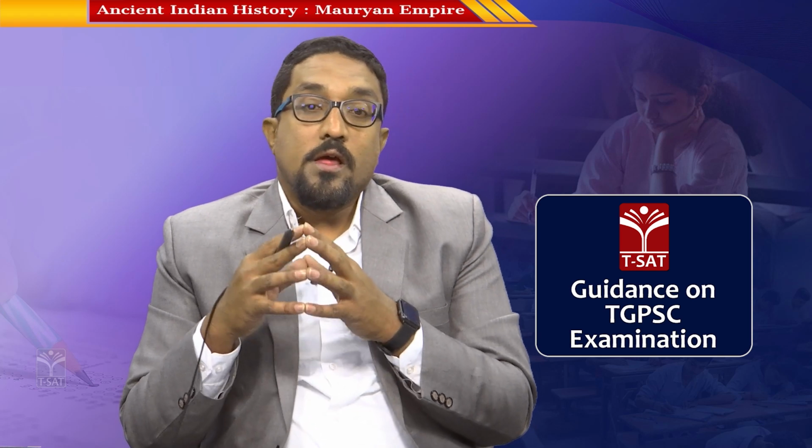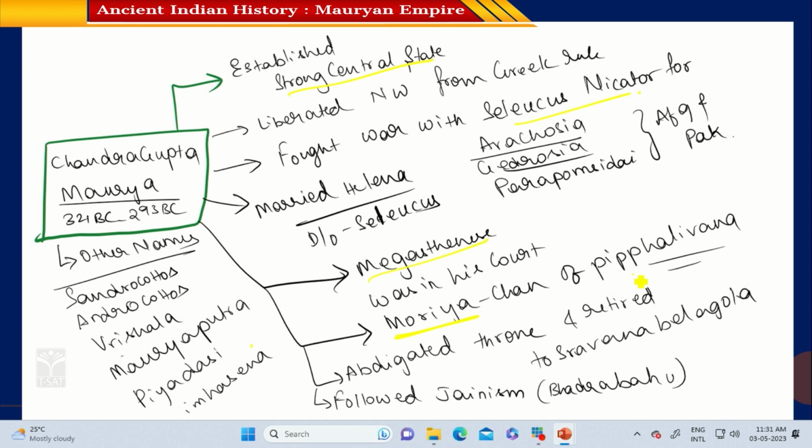Chandragupta Maurya also married Helena, the daughter of Seleucus. He belonged to the Mora clan or the Maurya clan of Pipalivana, and he strongly followed Jainism. Chandragupta Maurya has also been called Sandrokotos, Sandrocryptos, Vrishala, Mauryaputra, Piyadasi and Simhasena. Different names have been used.